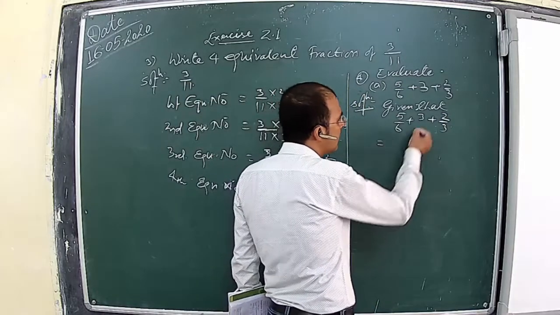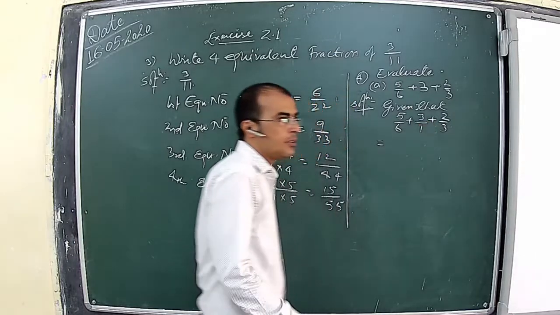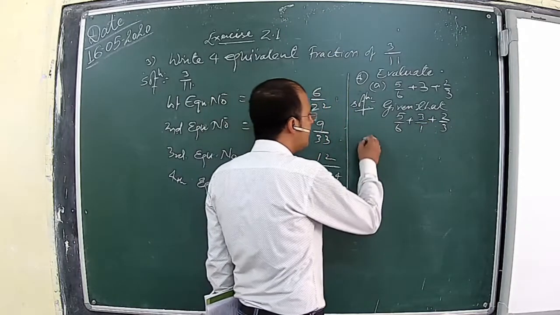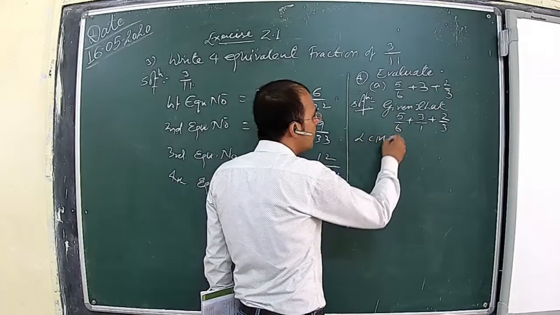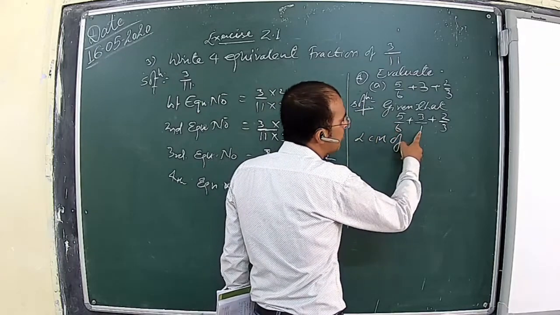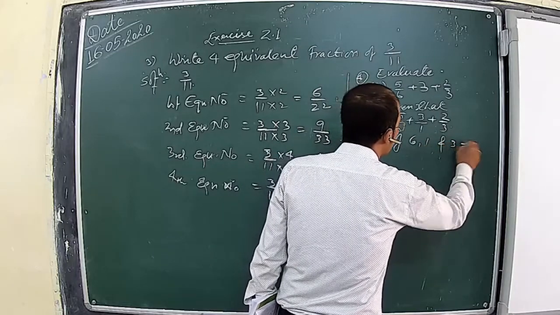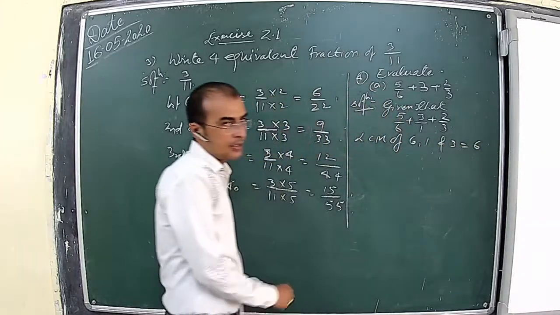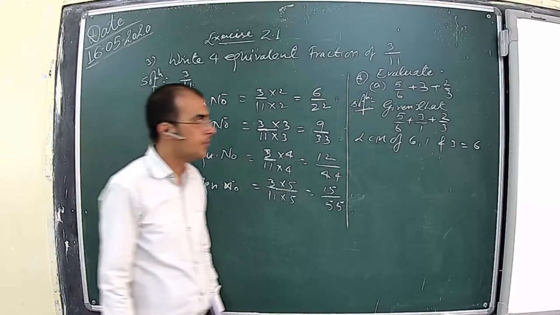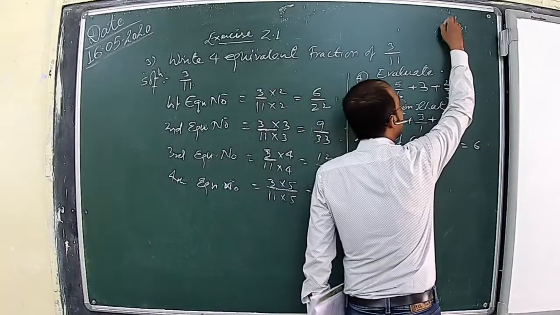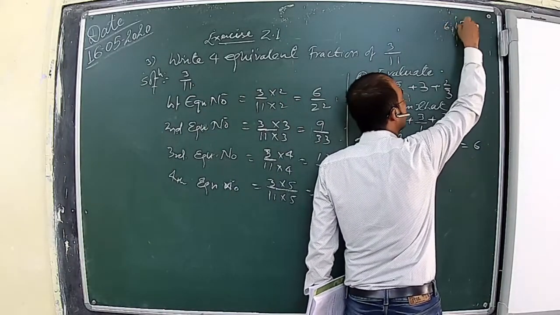It means that you can write here 1. Then what will be the LCM of 6, 1 and 3? You know that the LCM will be 6. You can find it, no problem. Here, 6, 1, 3.